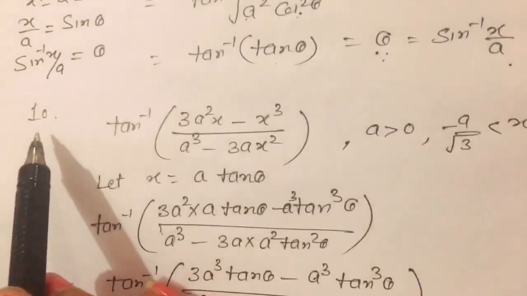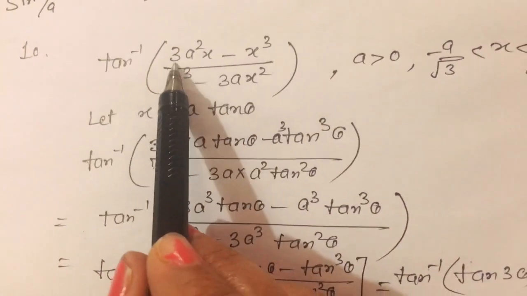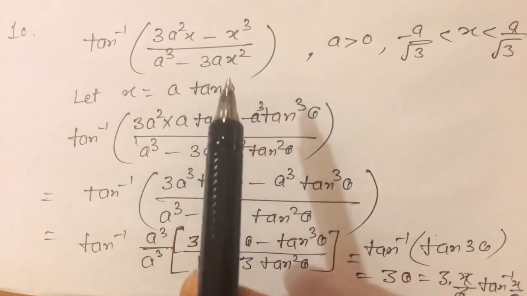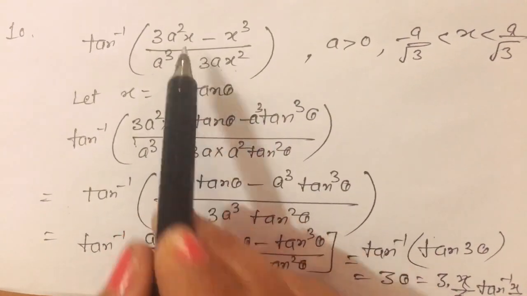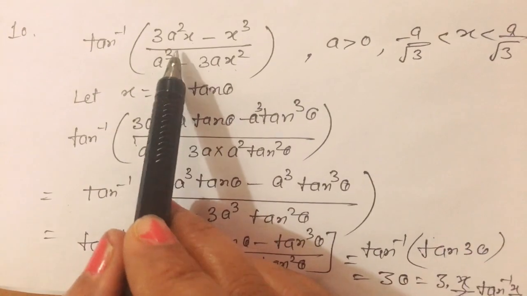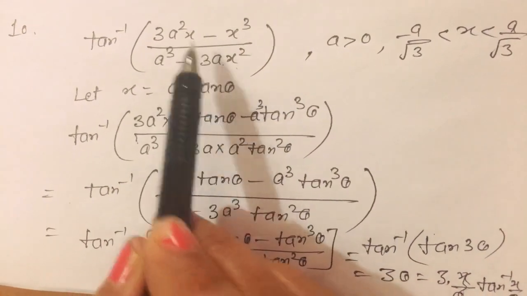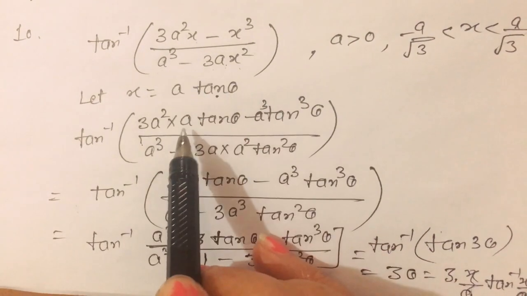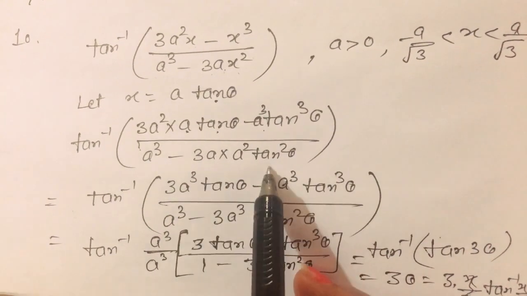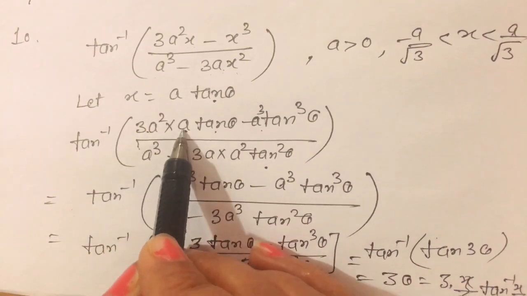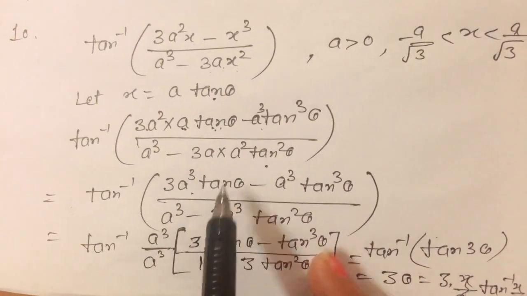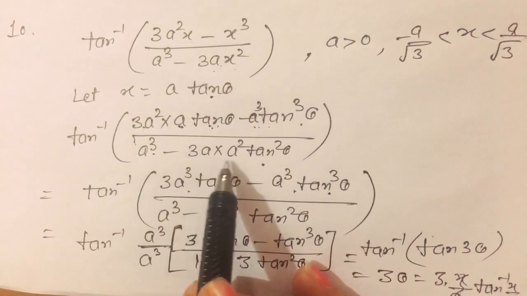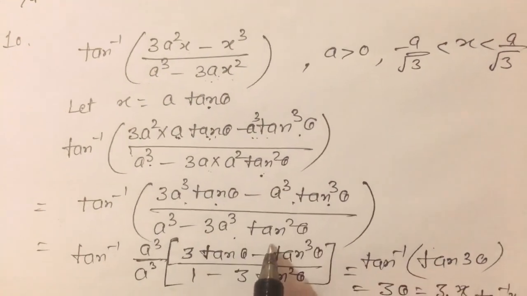Now come to the next question, the 10th. Tangent inverse of 3a square x minus x cube upon a cube minus 3a x square. In this question we will put x is equal to a tangent theta, because we will get the formula of tangent 3 theta by putting this. So here I am putting x is equal to a tangent theta, and we get this upon this. In this question, 3a cube tangent theta minus a cube tangent cube theta upon a cube minus 3a into a square, a cube tangent square theta.